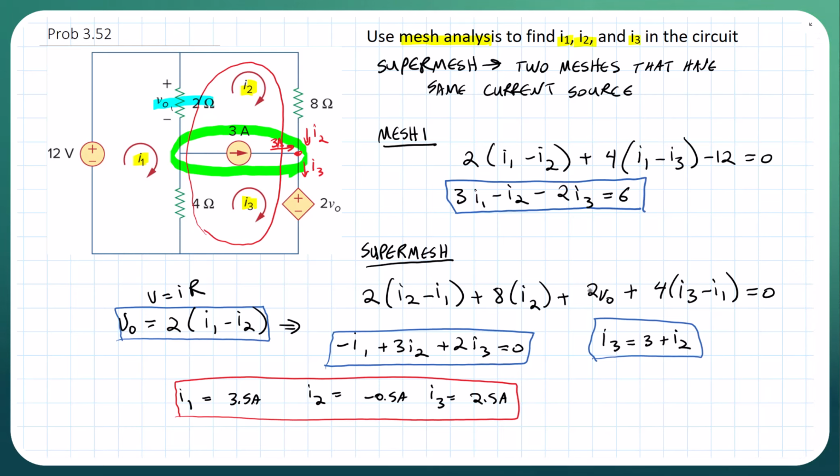And then once we have these equations, we'll go back and look at KCL at this node where we have 3 amps coming in, I2 coming in, and I3 coming out, which gives us this last equation. We substitute all these together into the equations, and we're able to solve for the problem statement, which is find I1, I2, and I3.